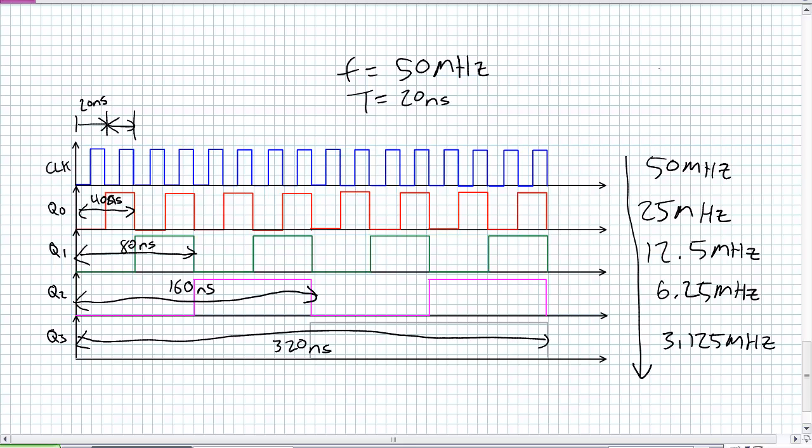And as you keep doing this, the clock would get slower, the resultant frequency would get lower and lower. Say you want to run certain things at 50 megahertz, say you want to run certain things at 3.125 megahertz. So your ability to split this clock into different frequencies makes it a frequency divider.